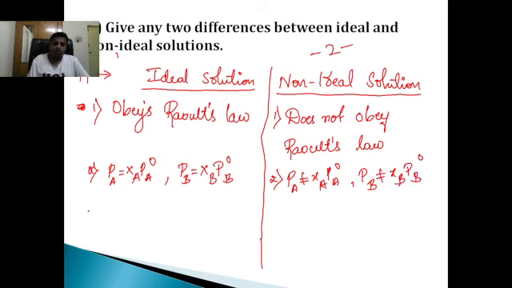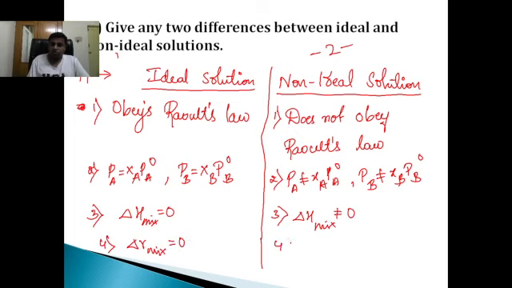For ideal solution, enthalpy of mixing is 0. For non-ideal solution, enthalpy of mixing is not equal to 0. For ideal, volume of mixing is equal to 0. For non-ideal, volume of mixing is not equal to 0.